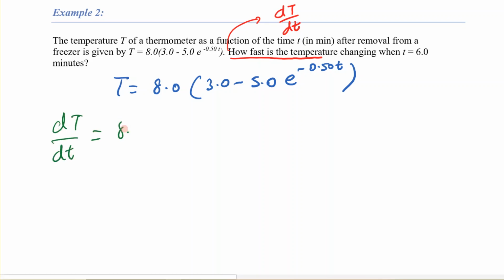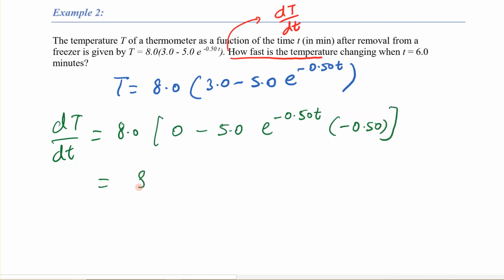So 8 as it is, it's our constant coefficient, and derivative of 3, a constant inside, is going to be 0, minus 5 as it is, and derivative of e raised to power negative 0.5 t. The exponential function's derivative is as it is, but by chain rule you need to take the derivative of the power, so that is negative 0.50.